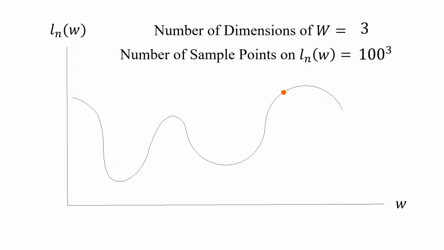If we only had 1,000 input parameters, the number of samples we'd need if we sampled each dimension 100 times would be 100 to the 1,000th power. Just to comprehend how big that is, that's a 1 with 2,000 zeros following it.